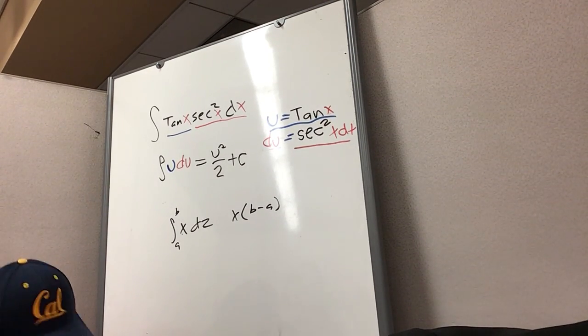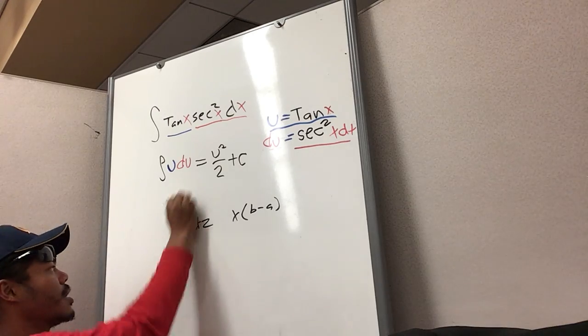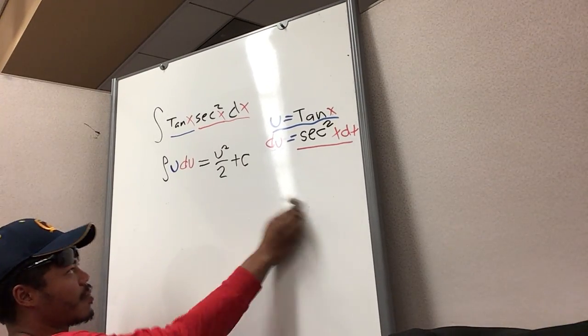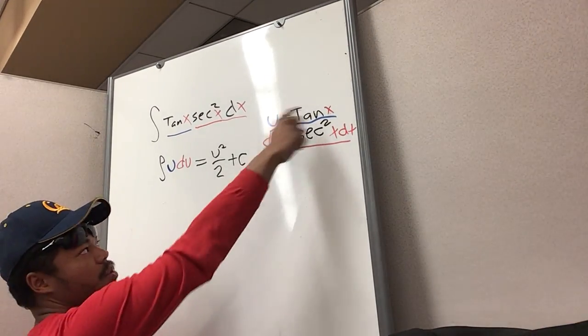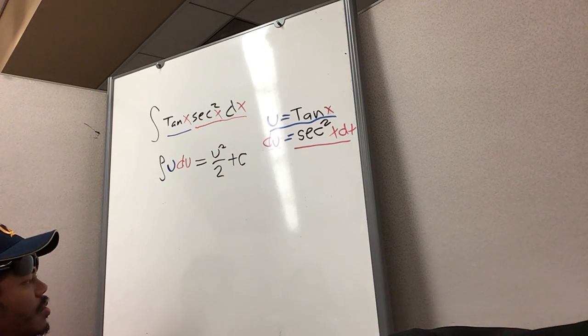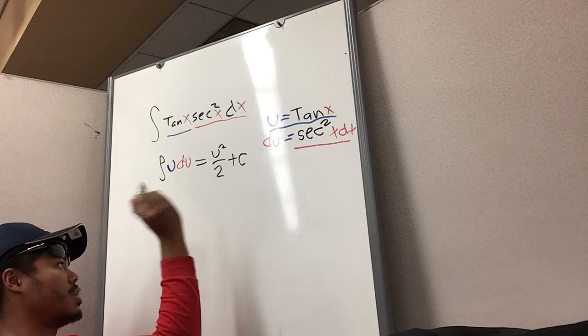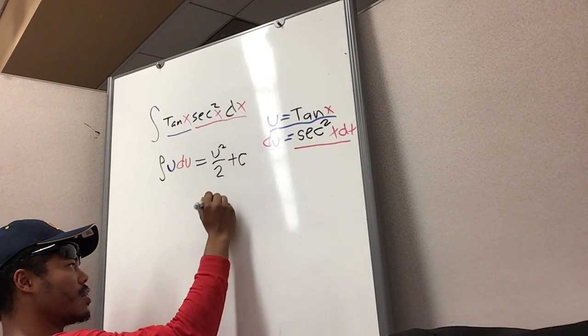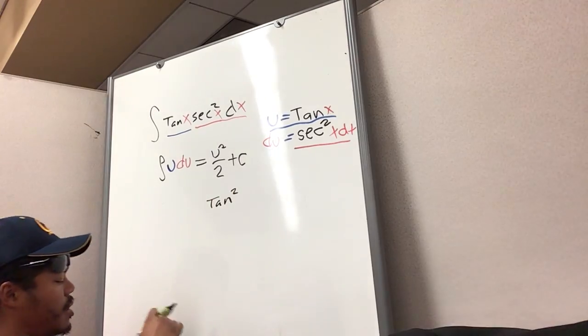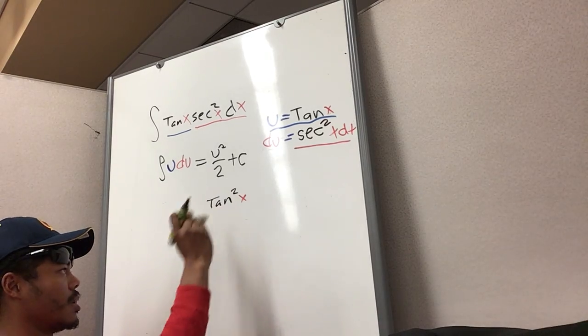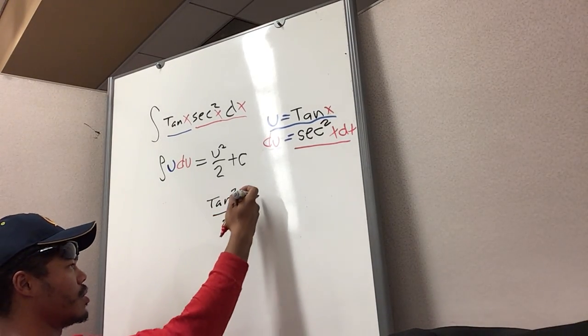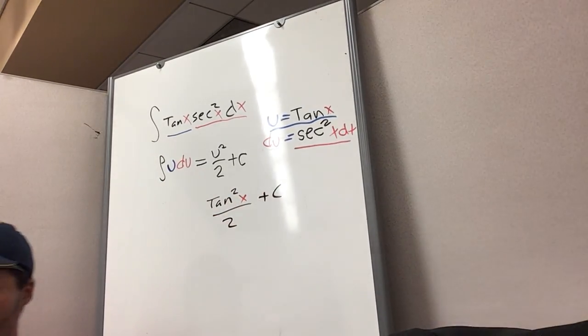All right. So now that we have that, we have our u, and since u equals tangent x, this whole thing now equals tangent squared x over 2 plus c.